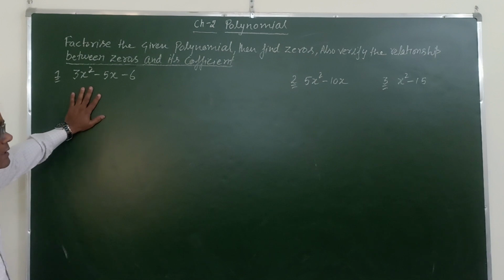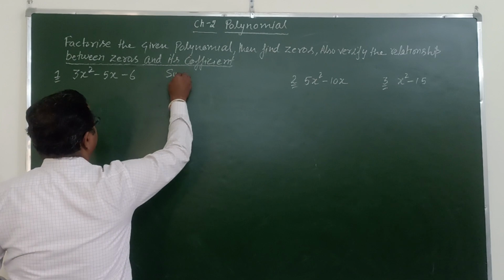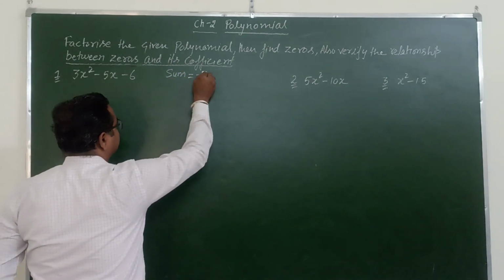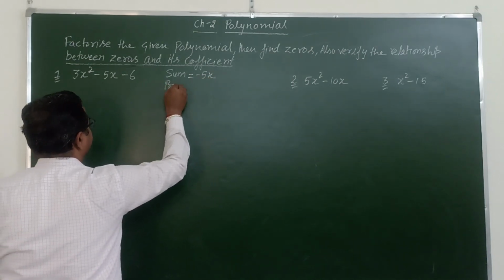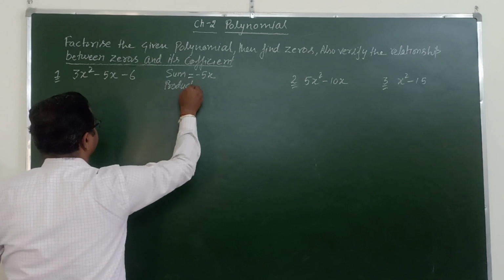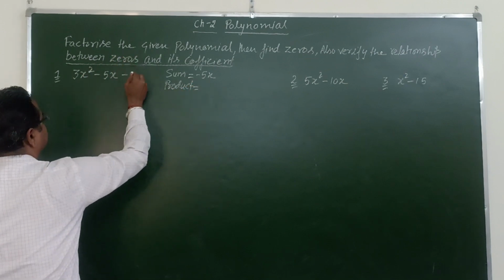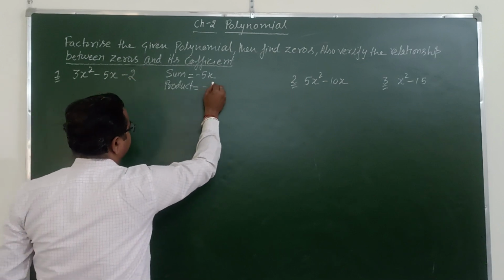of middle term splitting. What do I need? I need the sum as the coefficient of x, minus 5x, and the product as a into c, minus 6 into 3 is minus 2 into 3, minus 6x square.